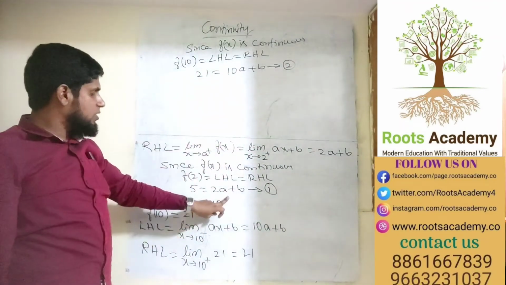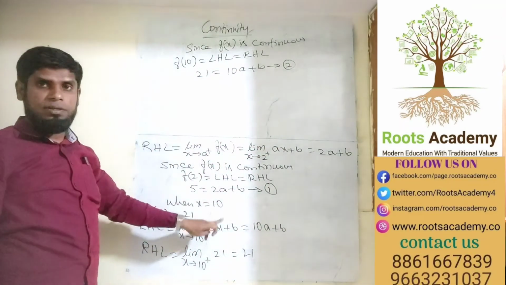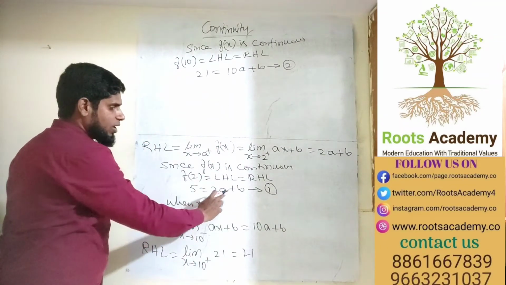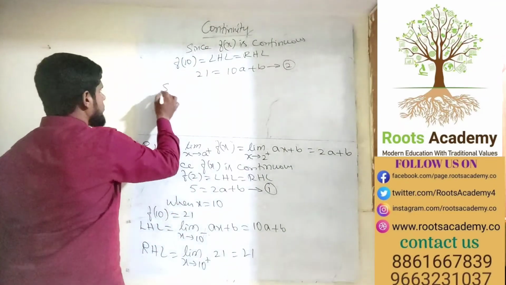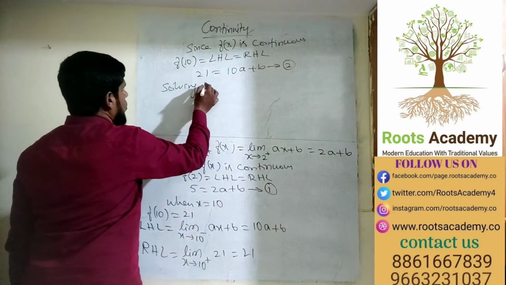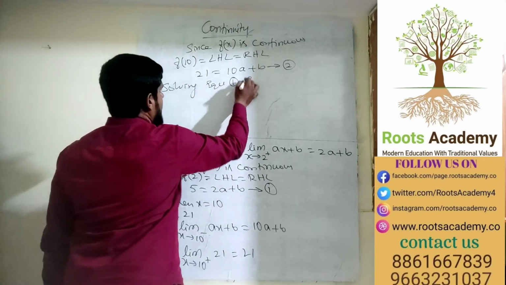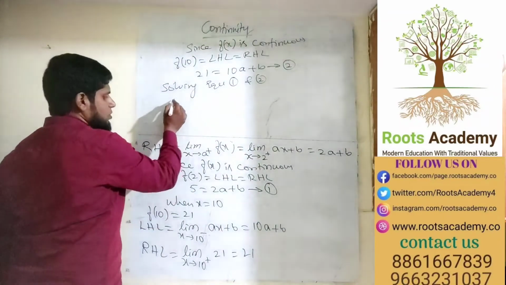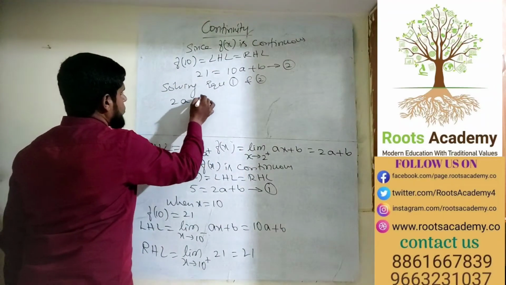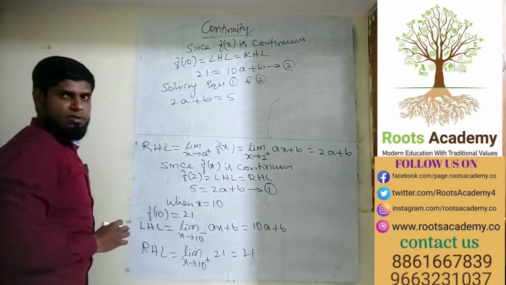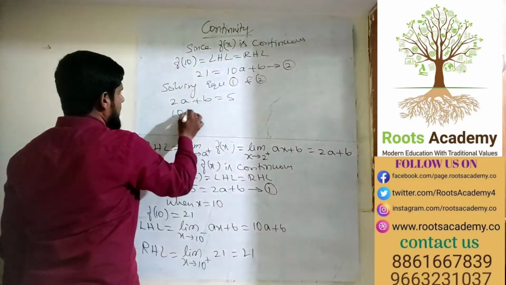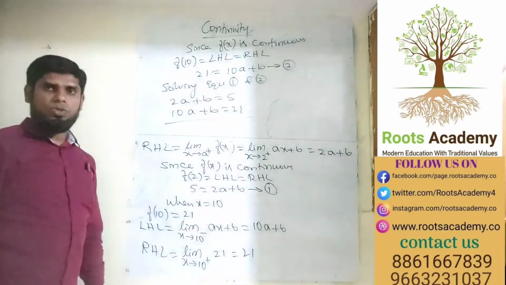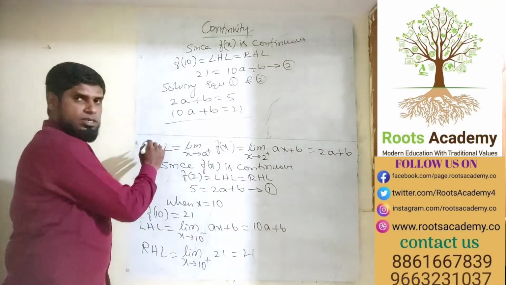So student, these two equations are similar here. I will try to solve these two equations to find the values of a and b. Solving equations 1 and 2, let us see what we get. First is 2a plus b is equal to 5. Second equation is 10a plus b is equal to 21. So let us change the sign of the second equation.